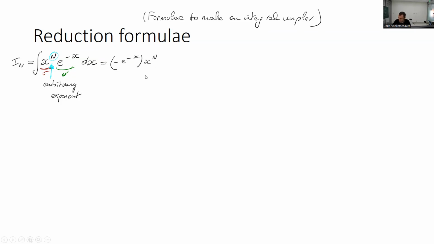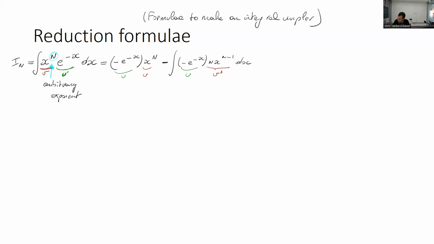So this is u and this is v, and then minus the integral of u again, so minus e to the minus x, and then the derivative of v, so n times x to the n minus 1 dx. So this is u, and this thing right here is v prime.